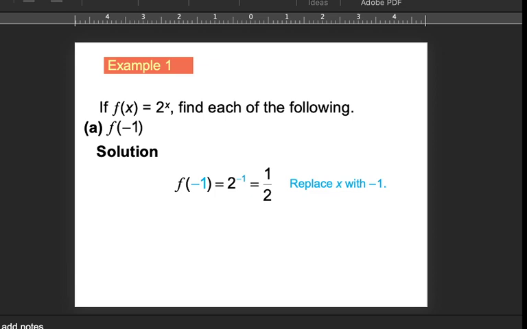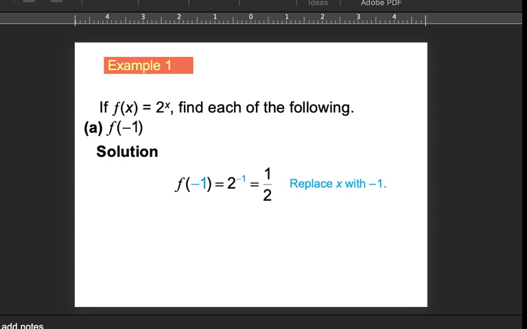Just give me one second. The title of this handout is exponential functions, so when you're looking in your classwork tab, look for exponential functions.